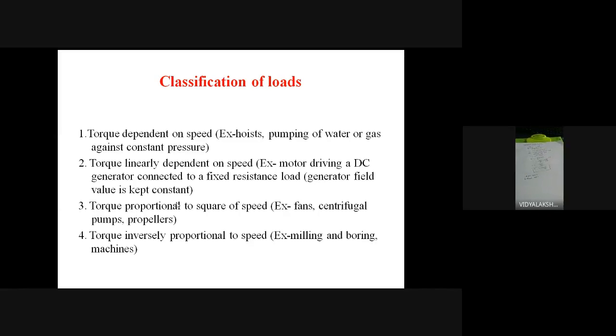Whatever rotation may keep on changing, again it will come to the original position, which means the sign will be the same. This is called active load torque. For example, I have taken the elastic body. Whatever we are doing due to tension, compression and torsion, whatever we give to the elastic body, again the elastic body comes to the original position.